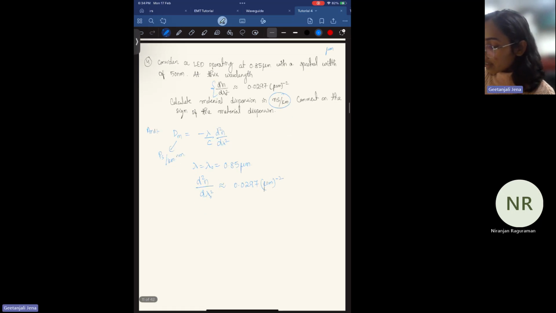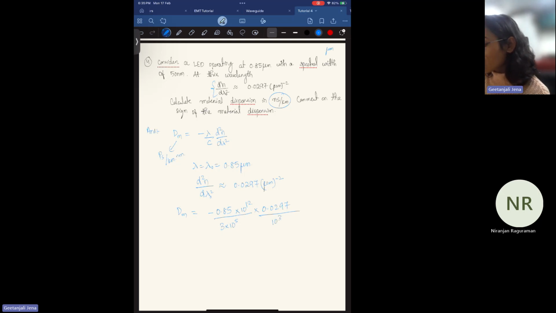So let us calculate dm first. dm is minus 0.85 over 3 into 10 to the power 5, into 10 to the power 12 if you convert second to picosecond, and there is 0.0297. There is a micrometer here, you can convert it to nanometer.